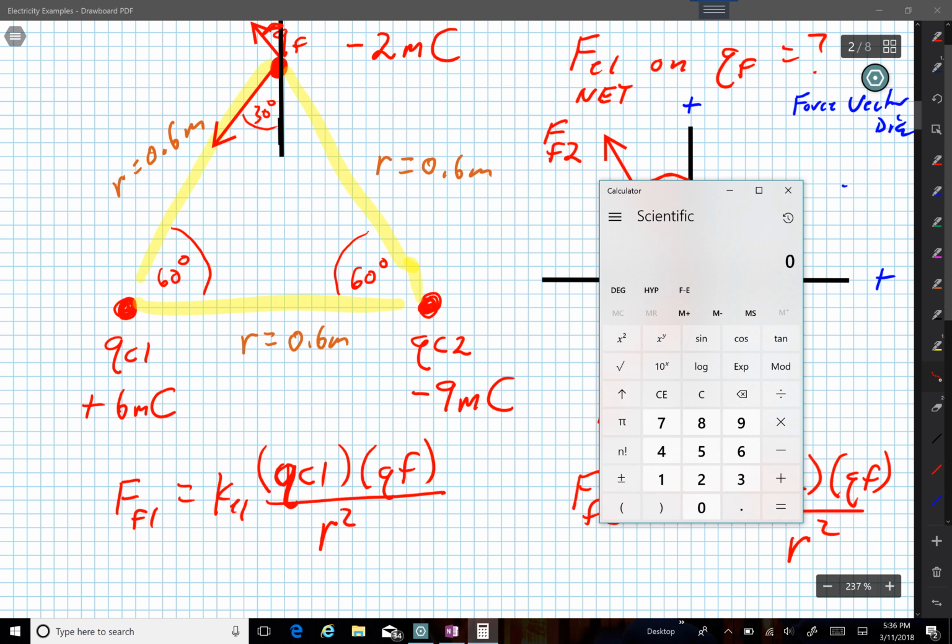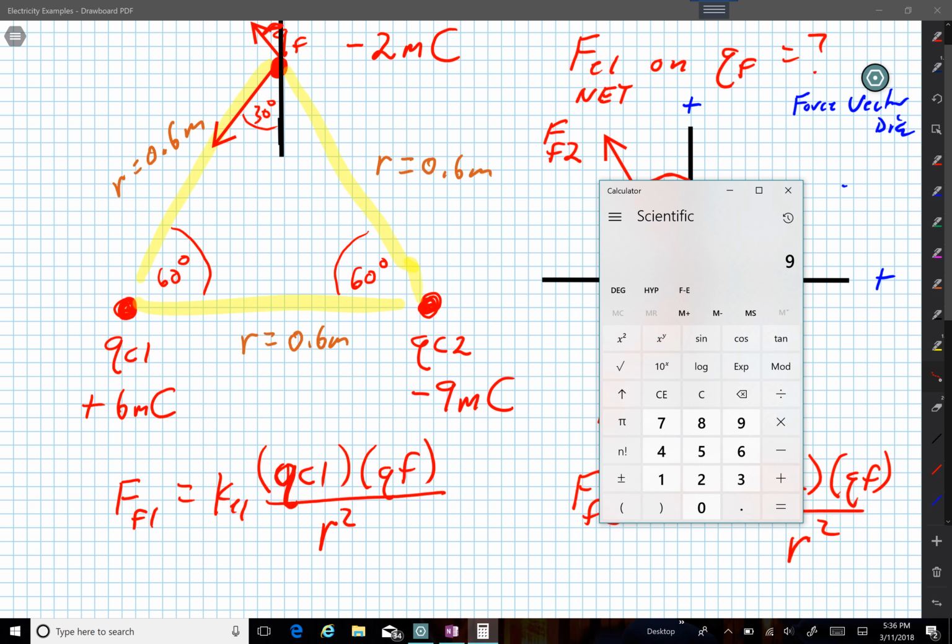Clear this. So I need 9E9 times QC1. That's 6 millicoulombs, that's 6E-3. That's a millicoulomb. Times 2E-6.